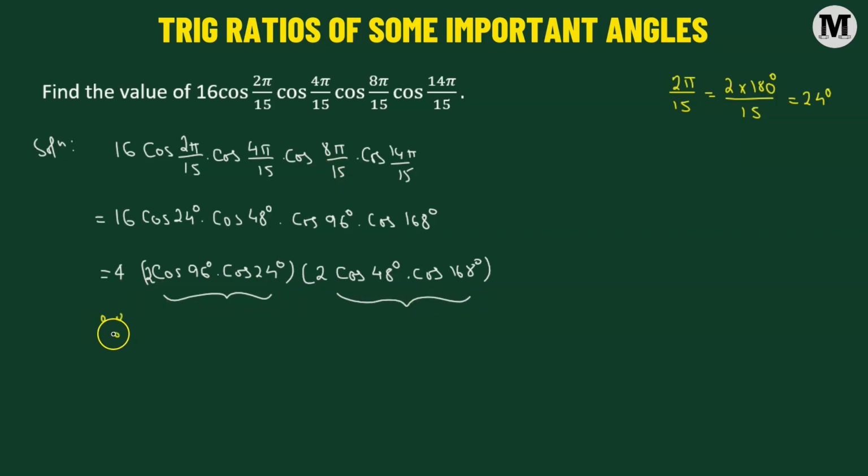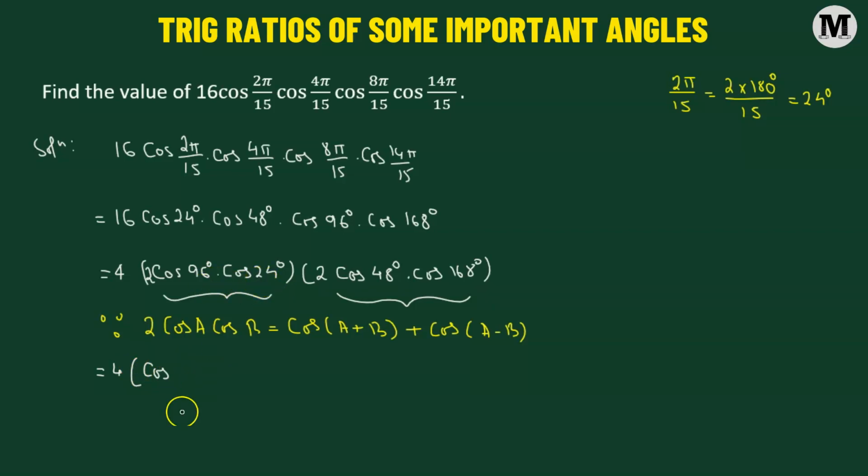We know for a fact that 2 times cosine of angle A multiplied by cosine of angle B corresponds to cosine of the angle A plus B added to cosine of the angle A minus B. So we can express 2 times cosine of 96 degrees times cosine of 24 degrees as cosine of the angle 96 plus 24, which is 120 degrees, added to cosine of 96 minus 24, which is 72 degrees.